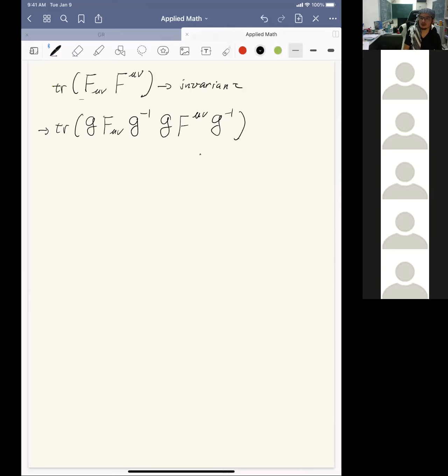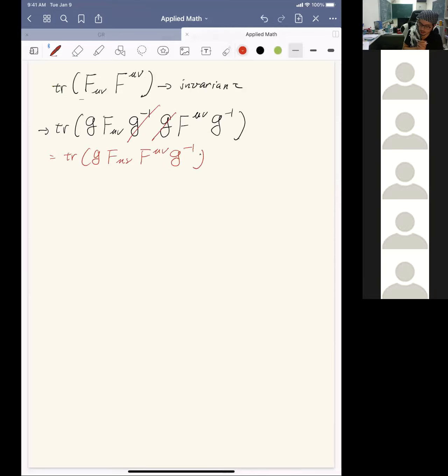This is how it transforms under the local gauge transformation. Once you see that it transforms like this, you immediately see that the inner G^{-1} G cancels. So you get the trace of G F_μν F^μν G^{-1}.